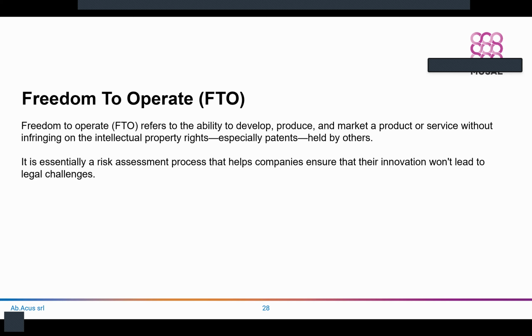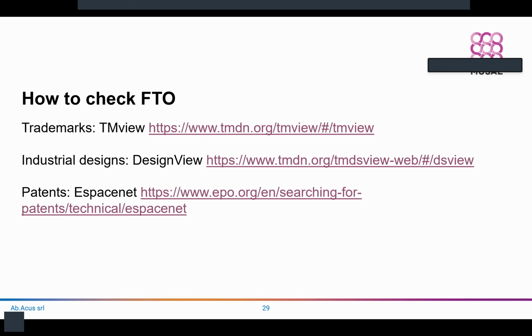And it's really important because you have a legal risk, but mainly you risk losing your innovation in the end. So, as I told you, I will show you 3 websites that you may use to check freedom to operate. One for trademark, the second for industrial design, and the last one for patents.